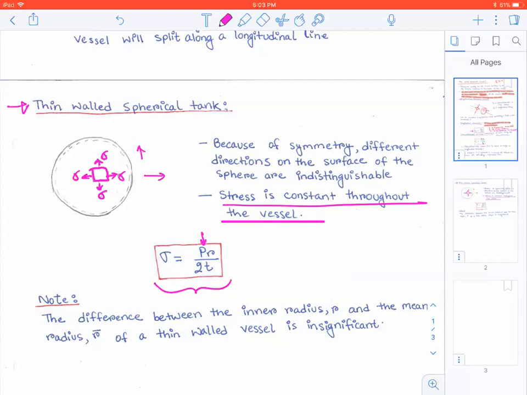P is the pressure inside that spherical tank, R is the inner radius. So you can see that this is my inner circle, and this is my outer circle.